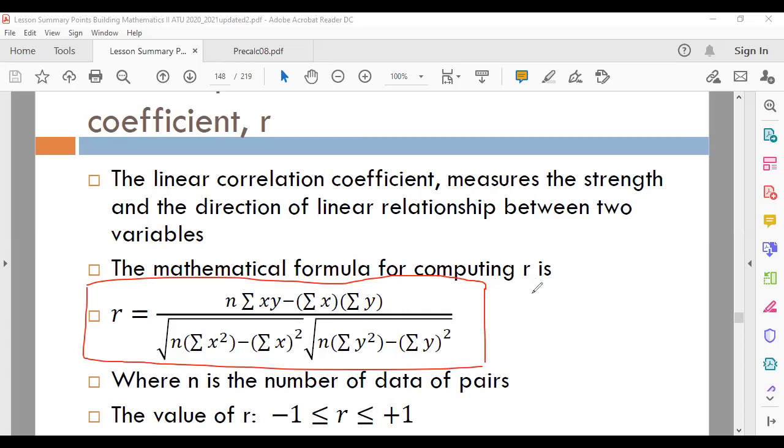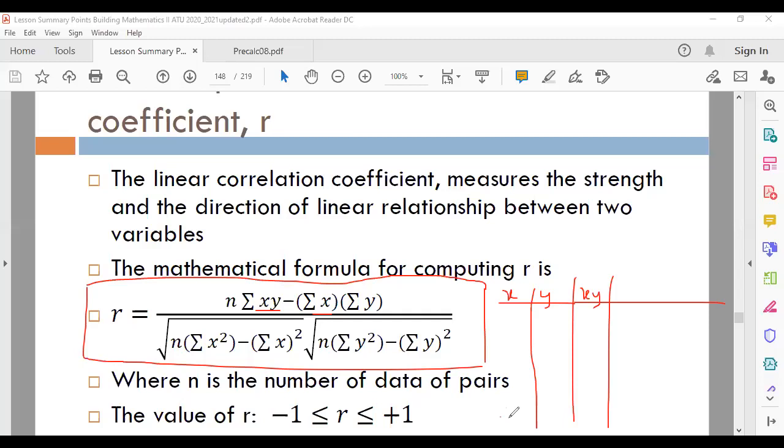What this formula is telling us is, if you are given data in terms of your X and your Y, the predictor and the dependent, you first have to find summation XY. So find X times Y. The next one is summation X, so you just sum everything here.